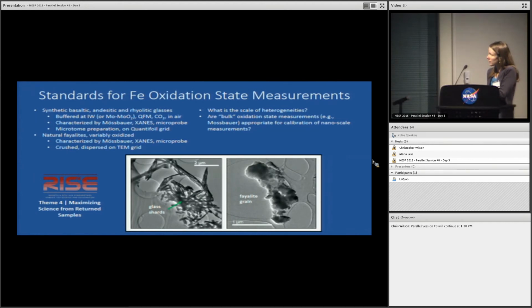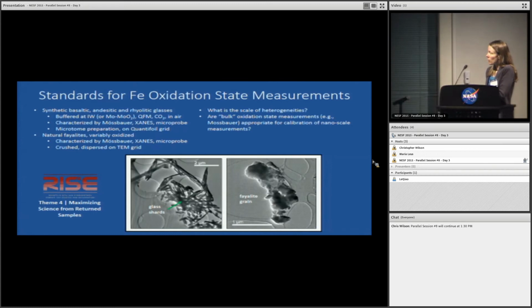And I've prepared these using just a microtome, so they're just chipped up into very thin samples and laid down on a carbon grid. And then I also have some natural olivine phthalites that have been variably oxidized and have also been studied, and there are publications on some of these.